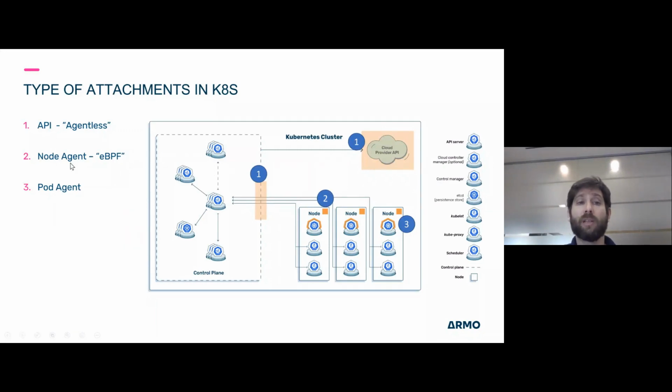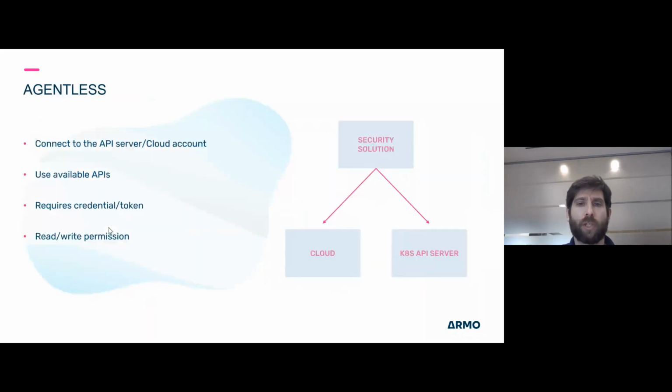We have the node agent, where the trend today is to talk about eBPF when it comes to Kubernetes, and basically it's this small orange thing that runs on each one of your nodes. And then you have the pod agent, which is basically this orange thing that surrounds your pod. And again, we will talk about each one and what are the pros and cons of each technique.